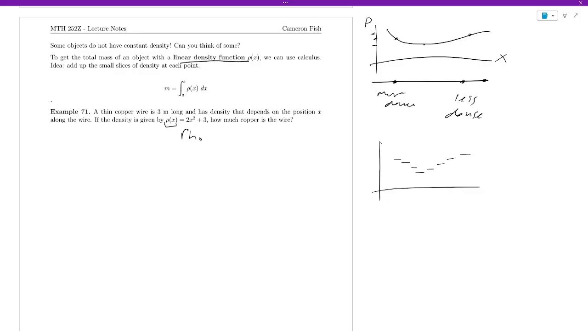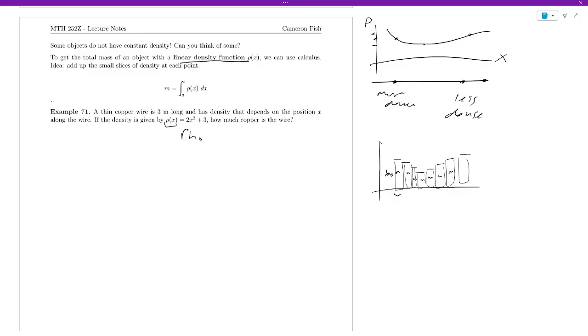I pretend that it's flat, constant density over small chunks. Because if it is constant density over small chunks, then I can just add up these rectangles using multiplication, just like we did on the last page, and that would be a good approximation of the total mass. I multiply a little bit of width by a little bit of density. Width times density gives me a mass, so I'm getting a mass on each of these.